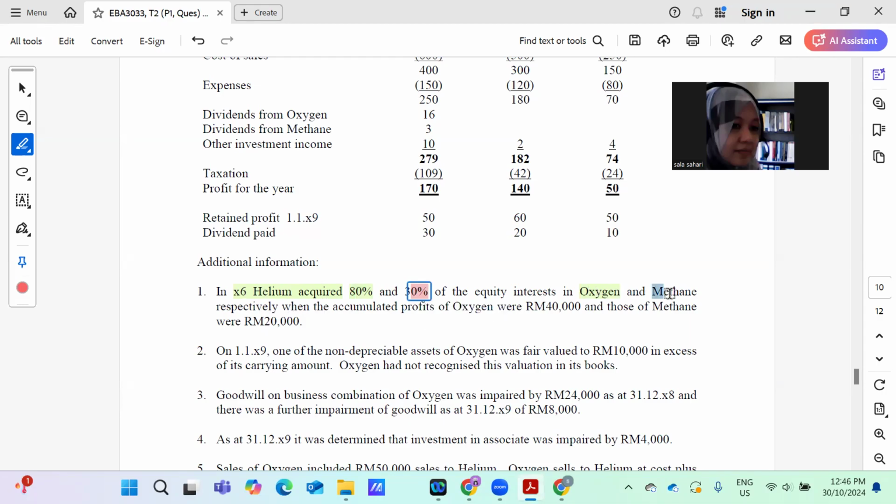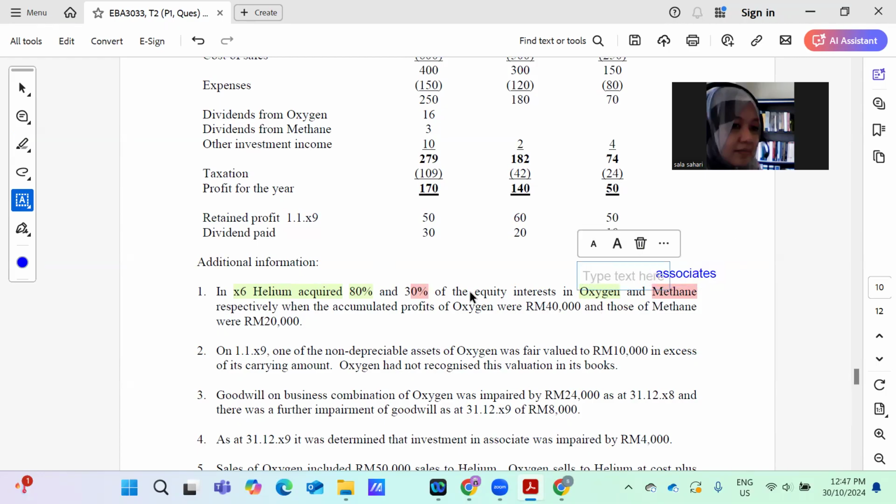30% in Methane. So we will know, because the guideline under MFRS 128 says that if it is between 20 to 50%, it should be an associate. So 30% is between 20 to 50, right? So directly you know Methane is our associate.